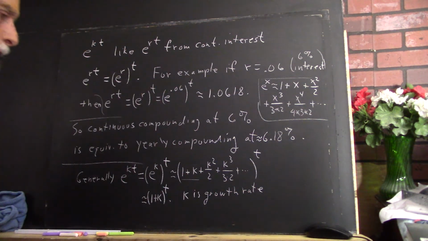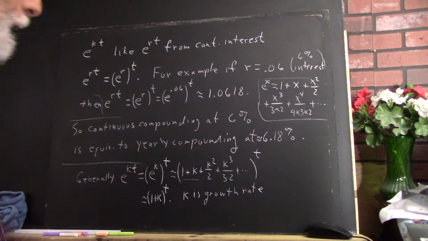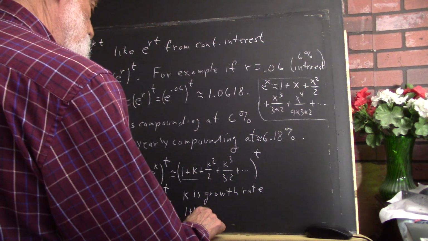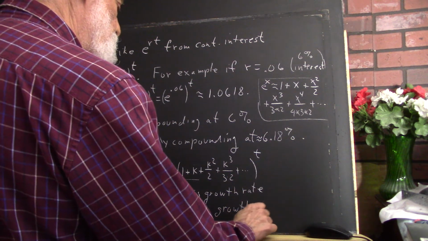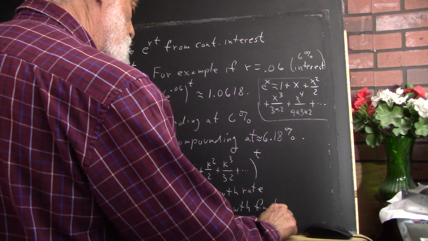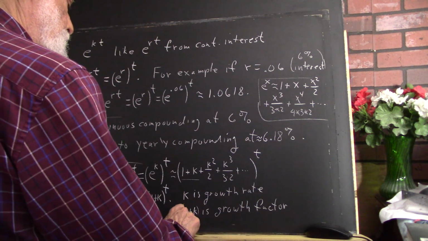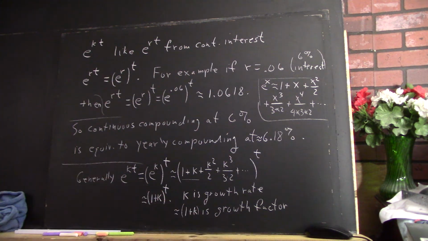And that brings us back to the idea that k is your growth rate, or r is your growth rate. And 1 plus k, which is an approximation, is what you call your growth factor.